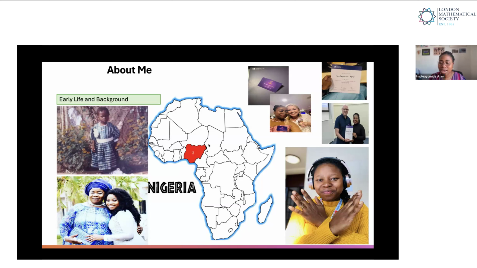But moving on, this was a picture of me at a chemistry conference, where we said women are breaking barriers. So I'm saying, as a Black woman in STEM and in mathematics, we are breaking barriers. And you can see from the top right image above, where I've received some awards in Loughborough University.